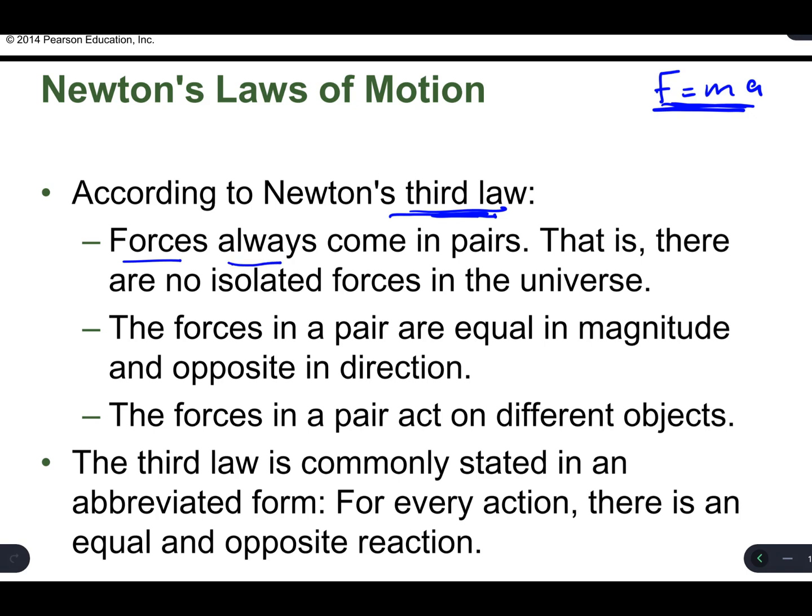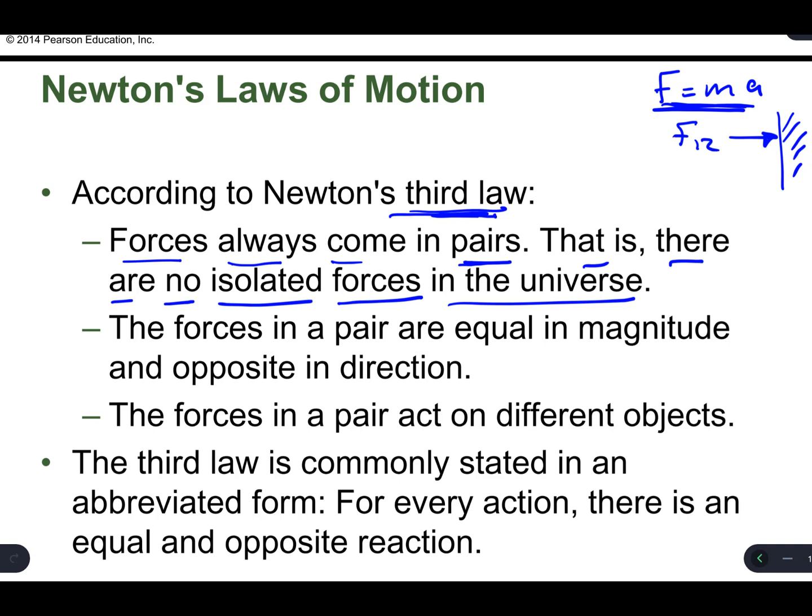Forces always come in pairs. Two forces together. That is, there are no isolated forces in the universe. Imagine that you have a wall and you apply a force on the wall, F1,2.